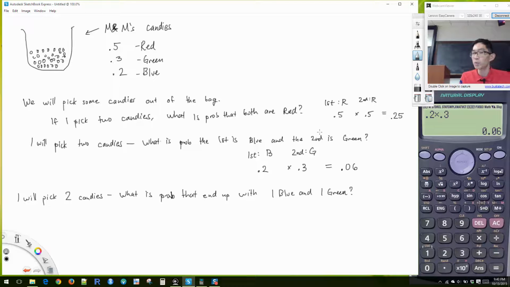Okay. Can we see the difference between this question and this question? Yes, right? Okay, so in this one, the order doesn't matter, right?